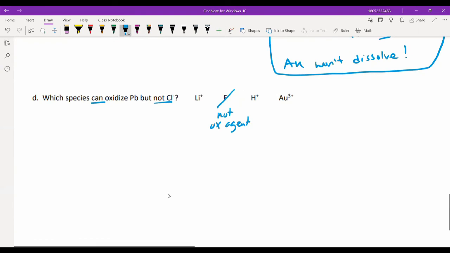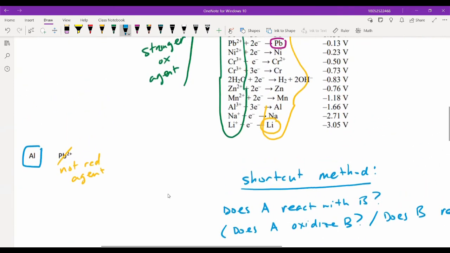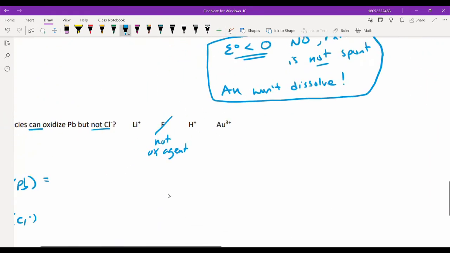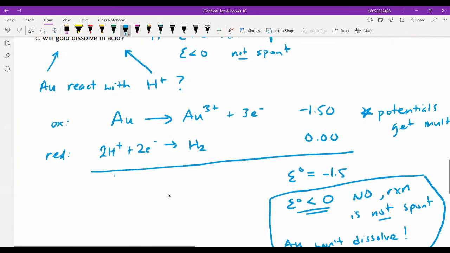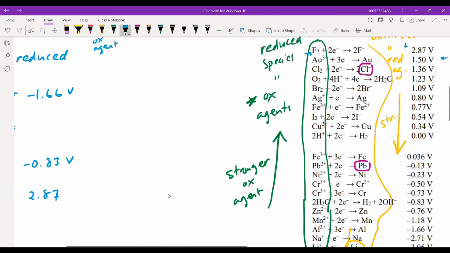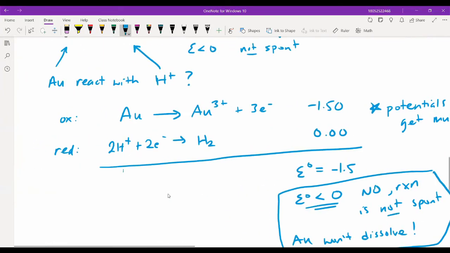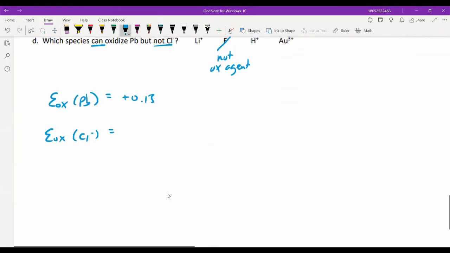Okay, so the choices I have are, and again, if I want to write this out with the numerical values, which is probably good. To oxidize lead, we have a potential of 0.13 positive, and to oxidize chloride, we have a potential of negative 1.36. So doing this kind of fast, but you can get these numbers from the table.